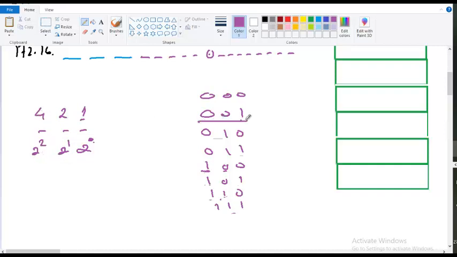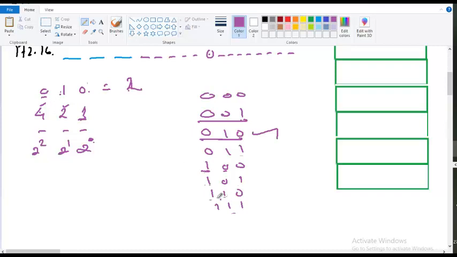So whenever you have 0, 0, 1, it means 1, because 4 multiplied by 0 is 0, 2 multiplied by 0 is 0, and 1 multiplied by 1 is 1. If I have 0, 1, 0, then 1 multiplied by 0 is 0, 2 multiplied by 1 is 2, and 4 multiplied by 0 is 0.